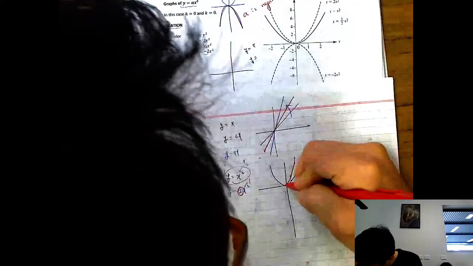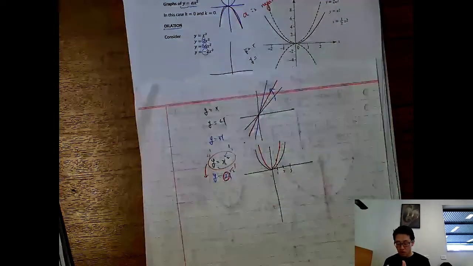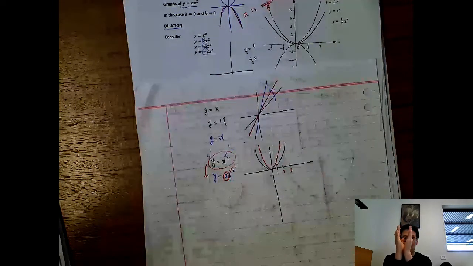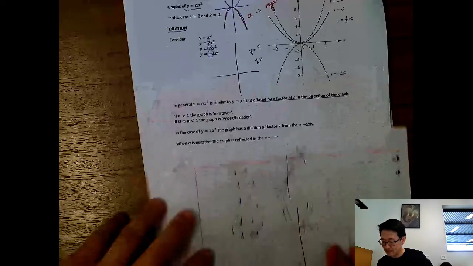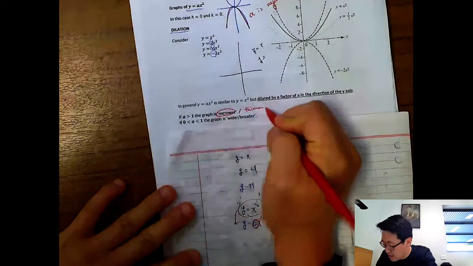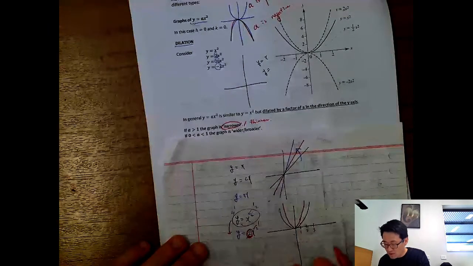So when I link that, I have a graph like this. You will have a narrower, or thinner, graph when a is bigger than 1.